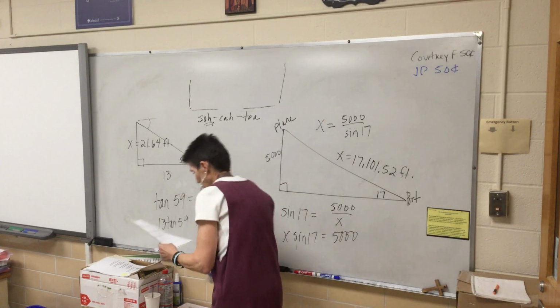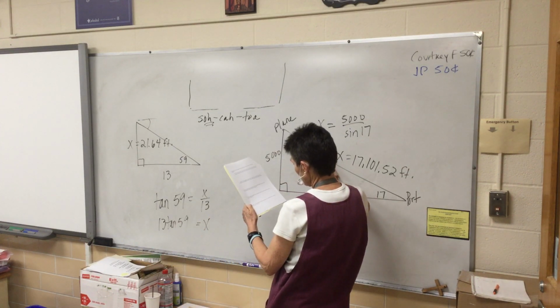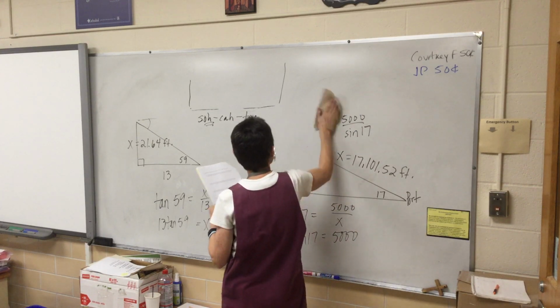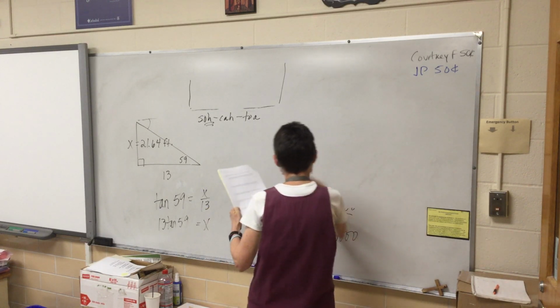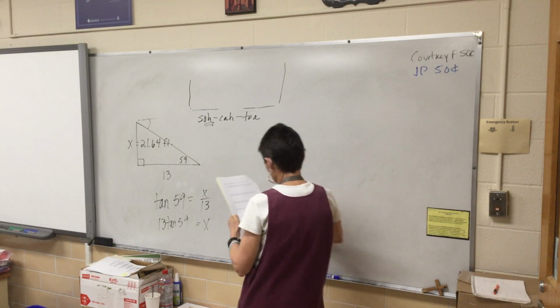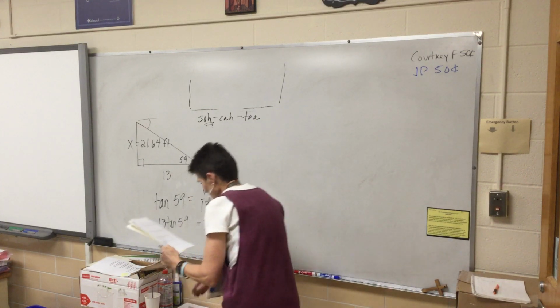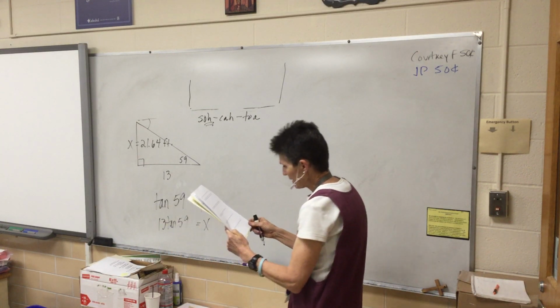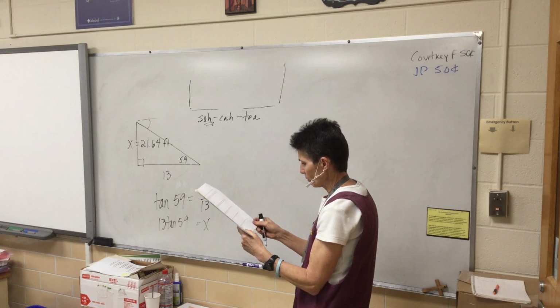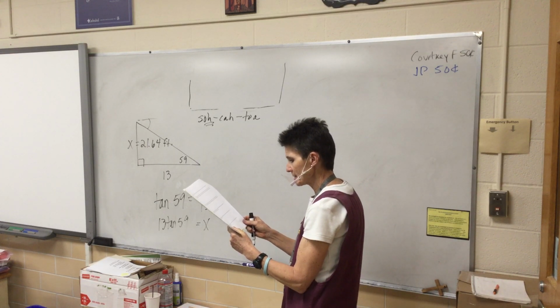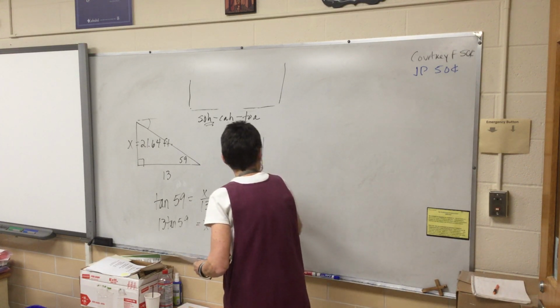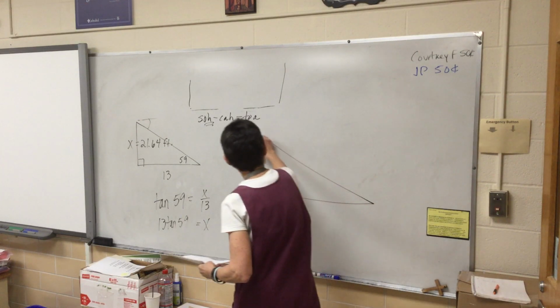All right, one more. What is the angle of elevation of a man looking at the top of a building that is 48 feet tall if he is standing 100 feet from it?